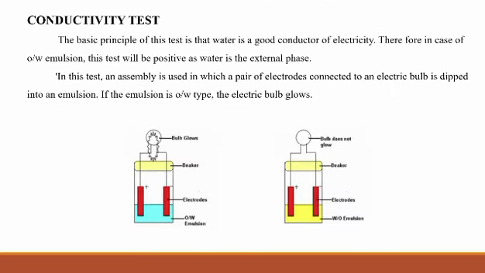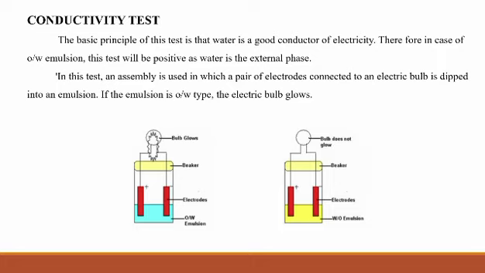The next test is the conductivity test. We already know that water is a good conductor of electricity. Everyone knows that water conducts electricity. So, in the case of oil in water emulsions, let's see it with the help of a picture.